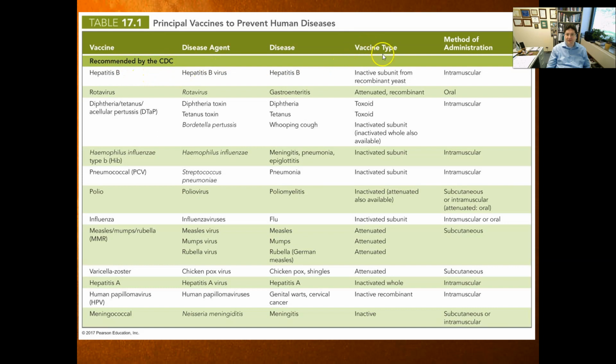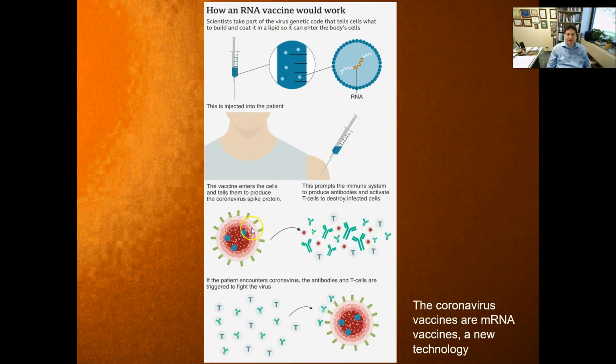You can see the vaccine type, how it's administered, and so on. This is how that COVID vaccine was made using that messenger RNA technology. So you could take a look at that if you like. These things that look like capital letter Y's represent antibody.